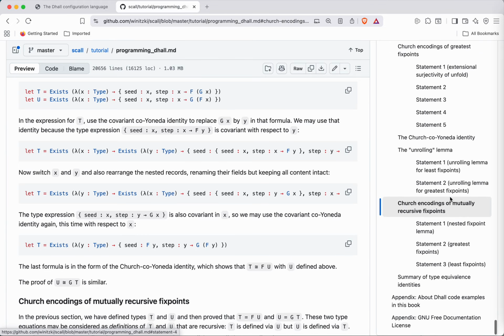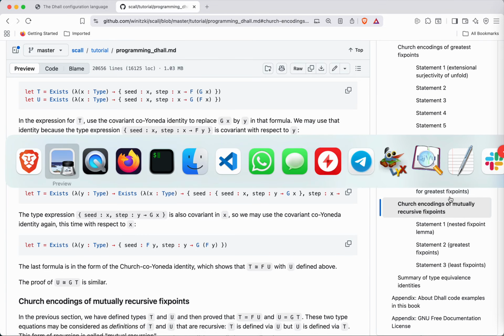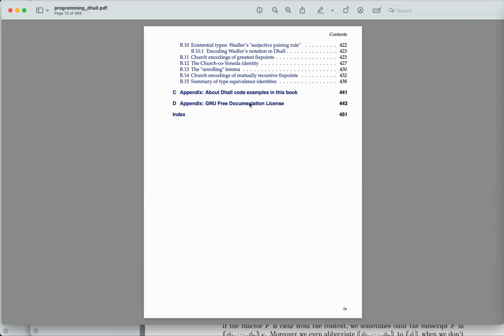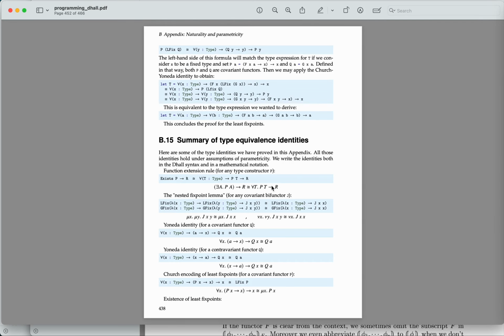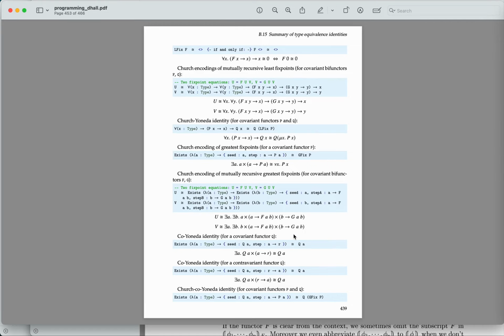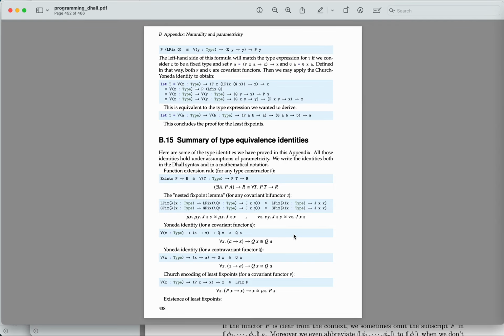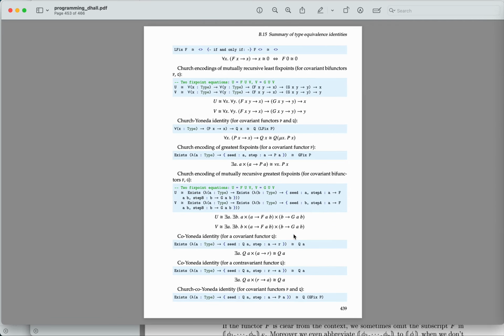In any case, I have an overview of everything that is being proved in this appendix, which is used in other parts of the book, but certainly the proofs themselves are just in the appendix because they're not so important to understand everything else. You can just skip the proofs.